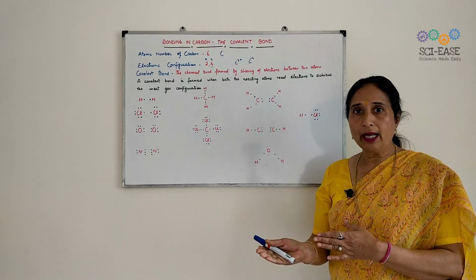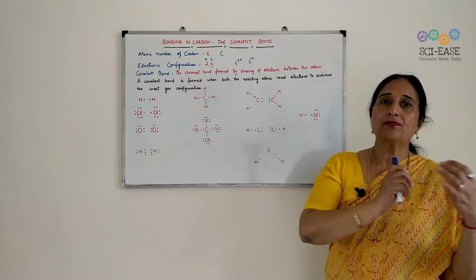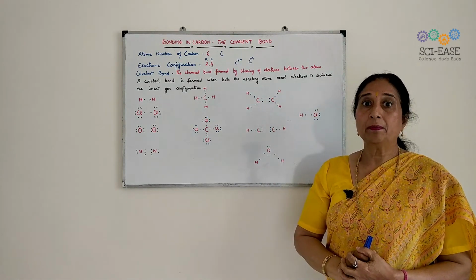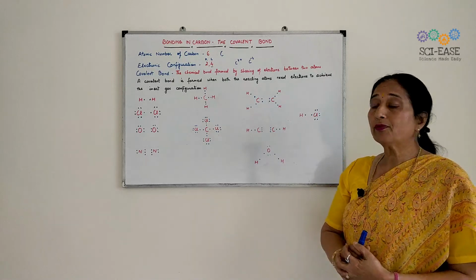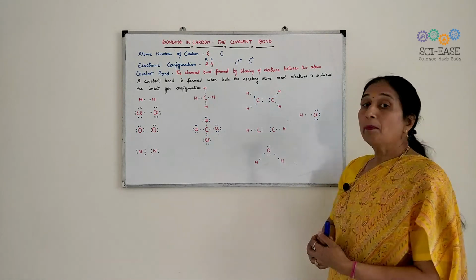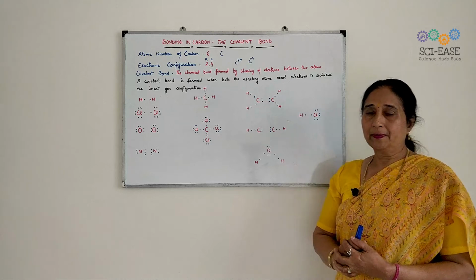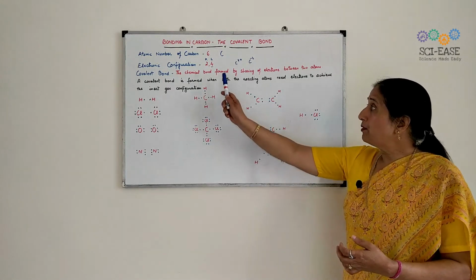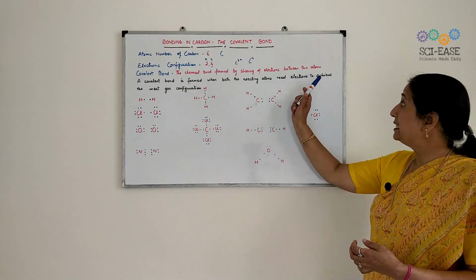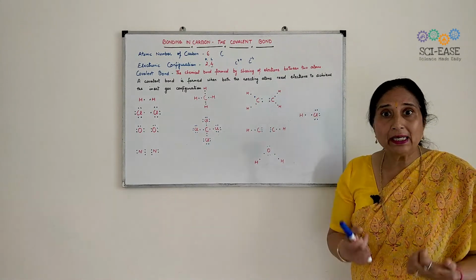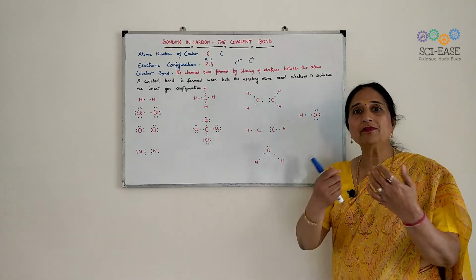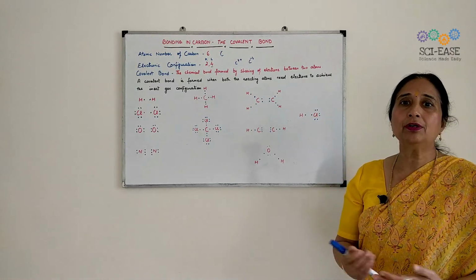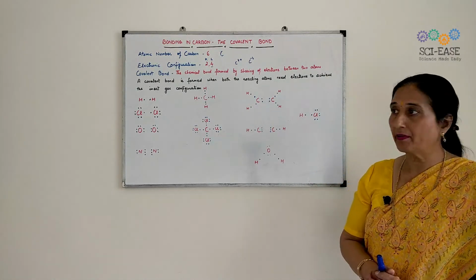In ionic bonding, there is transference of the electrons. But here, the sharing of the electrons takes place between the two atoms. A covalent bond is formed when both the reacting atoms need electrons. Why do they need electrons? To achieve the noble gas configuration, or you can say inert gas configuration.